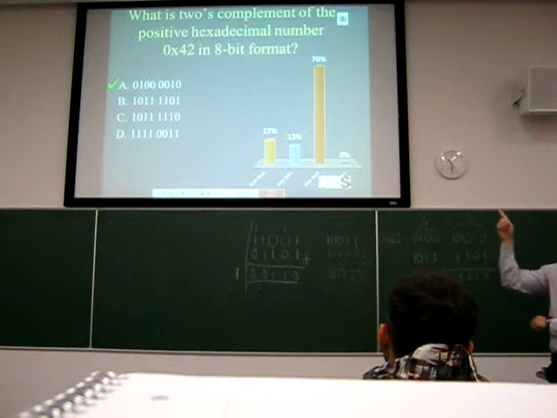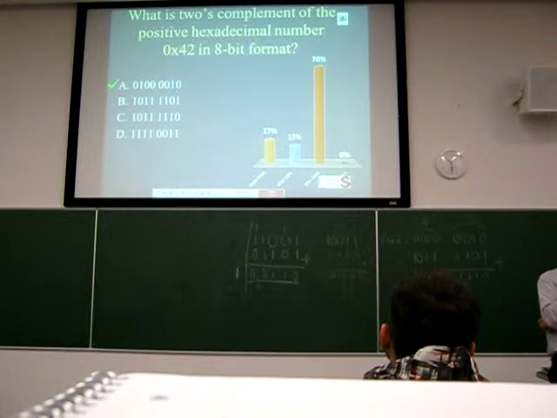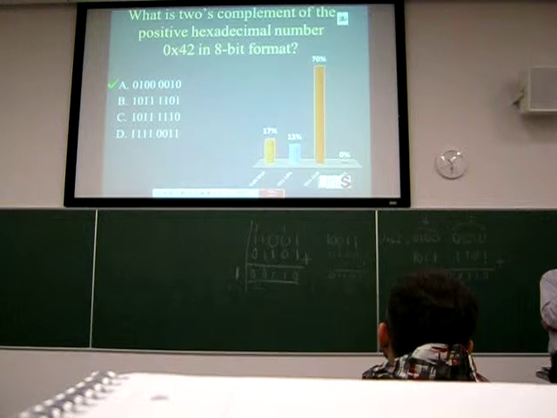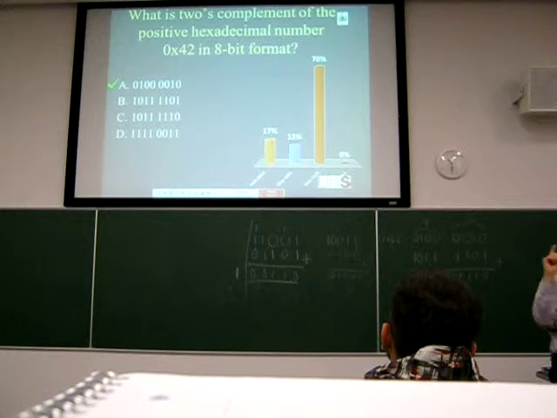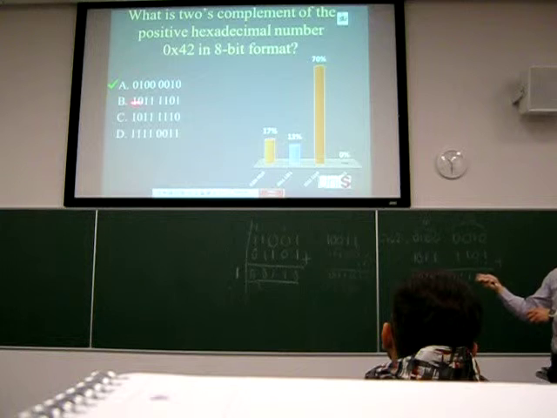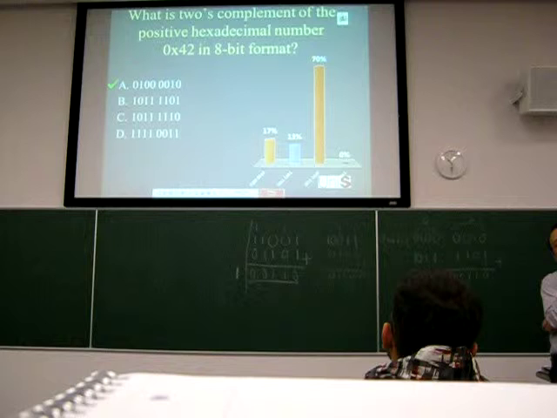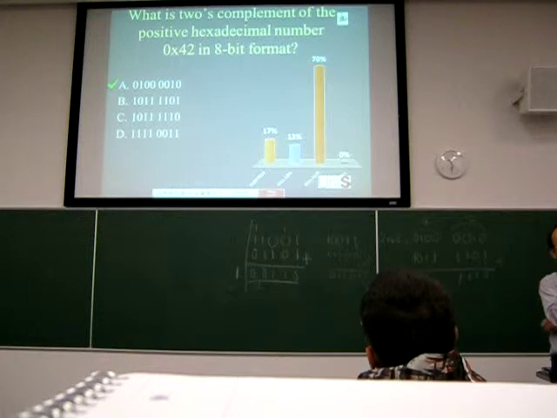How many say my answer here is wrong? Hands up. 1, 2, 3, 4, 5, 6, 7. How many of you say that my answer is correct? 1, 2, 3, 4, 5, 6, 7, 8. 50-50. It's a tight one.